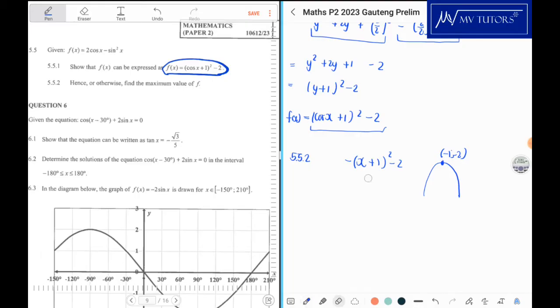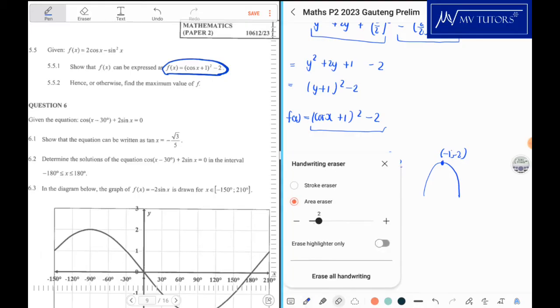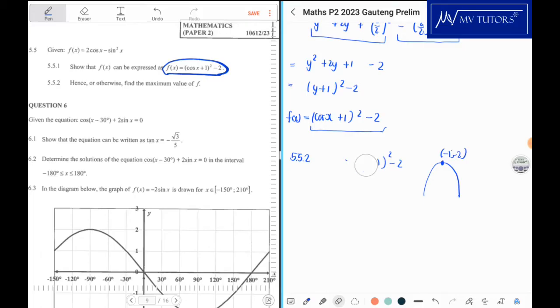But in this case, we don't have just a normal quadratic function. We have a trigonometric quadratic function, if I could say. Okay, so we're going to take it piece by piece. All right, what is the maximum value for a cos x function?